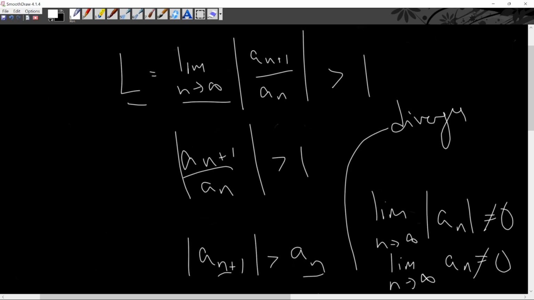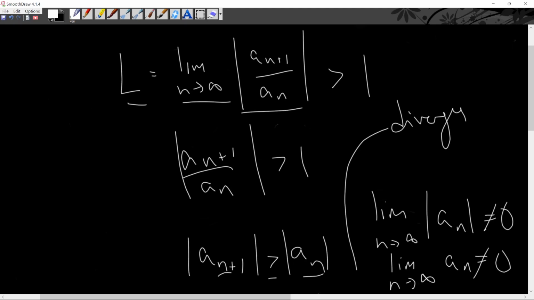But if we assume that L is greater than 1 for this inequality, then we are divergent. Then we can say that this is greater than 1 still. Multiply a sub n to both sides, and if you plug in any value of n, this inequality is still true. That means that every term is greater than, or well, technically greater than or equal to, say it's monotonically increasing, but this is greater than fully, right?